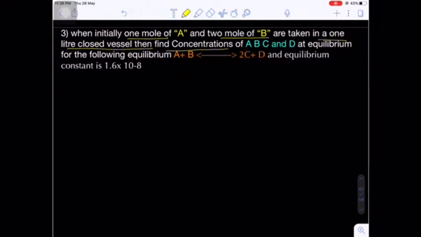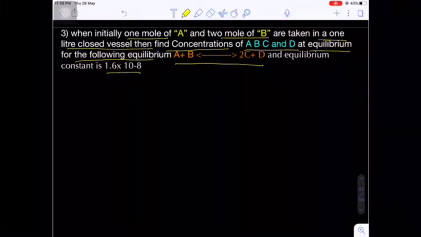Find the concentrations of A, B, C, D at equilibrium for the following reaction, A plus B in equilibrium with C plus D, and the equilibrium constant value given to you is 1.6 into 10 raised to minus 8. That means the K equilibrium value is very small. That means the reaction proceeds very hardly.